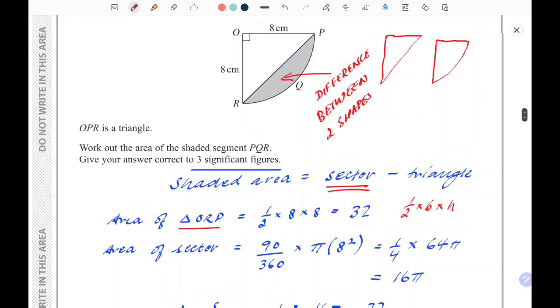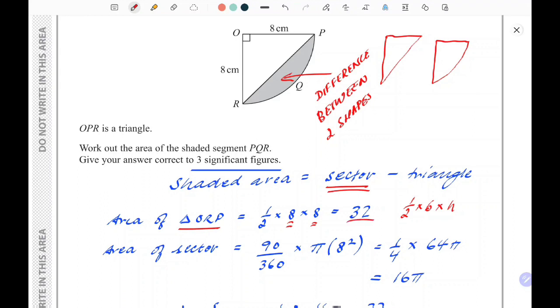And we can see from the diagram that we've got 8 is the base, if you were to turn it around, and the height is also 8 because it's a right angle triangle. All right. And so half times 8 times 8, 32.